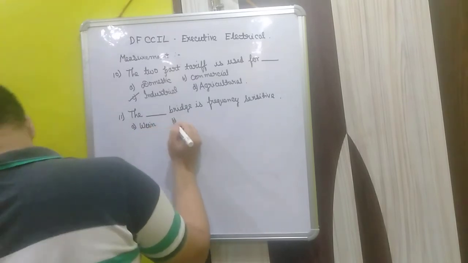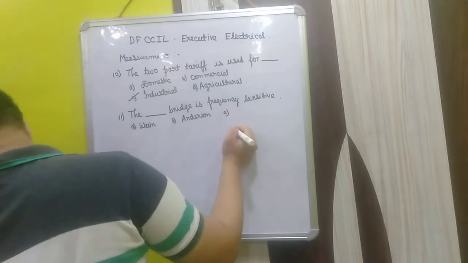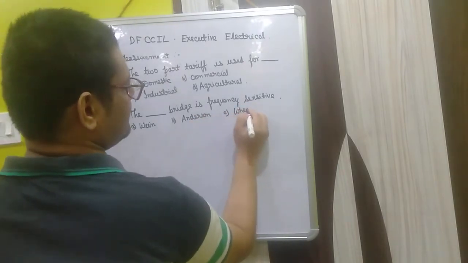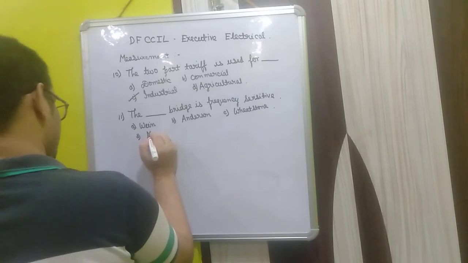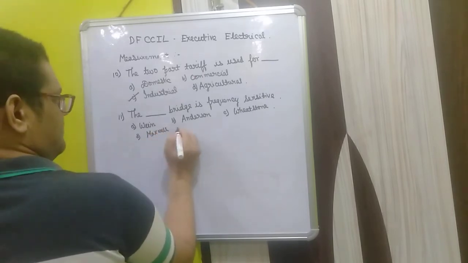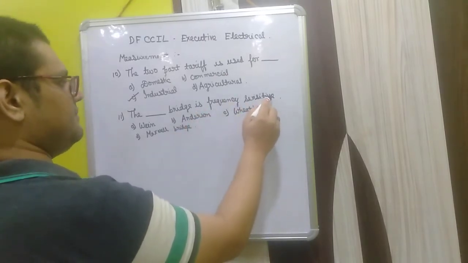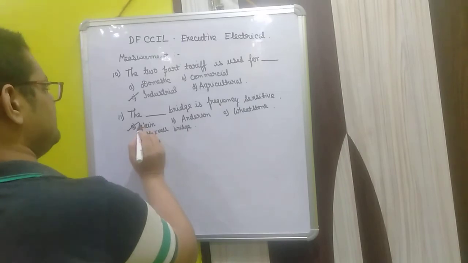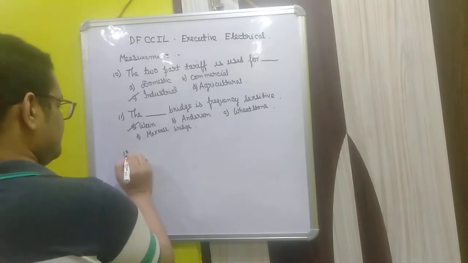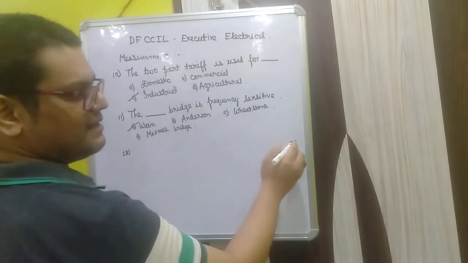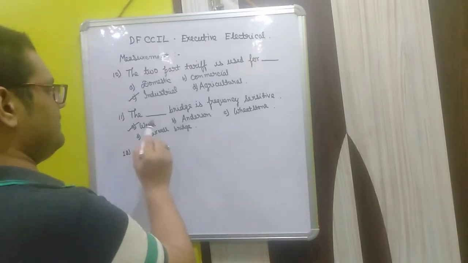Number B is Anderson Bridge. Number C is Wheatstone Bridge, and number D is Maxwell Bridge. So the bridge which is very much frequency sensitive, if this type of question comes, then always the Wien bridge. So Wien bridge is the only bridge which is very much sensitive to the frequency. So if any measurement is required for checking a frequency which is very much fluctuating, in that case Wien bridge is used.